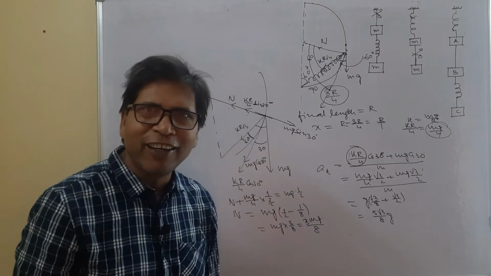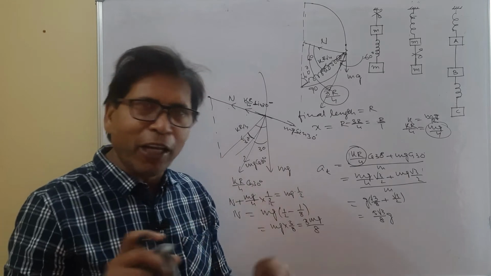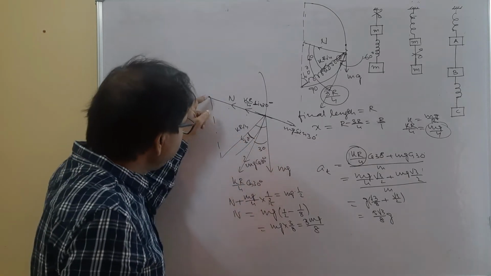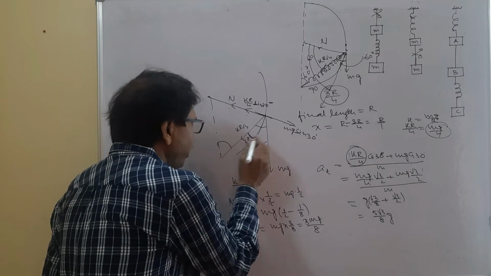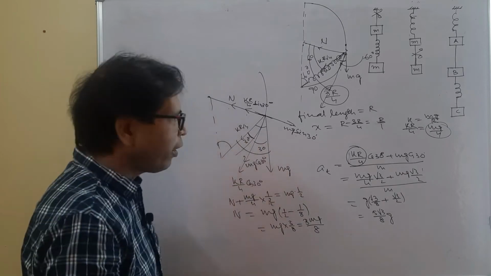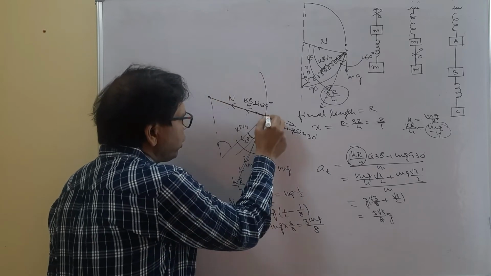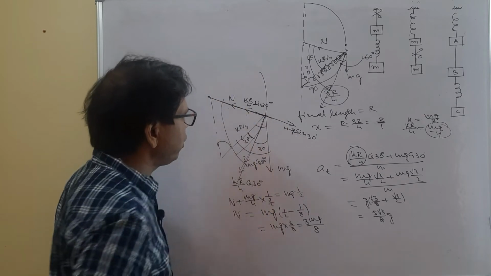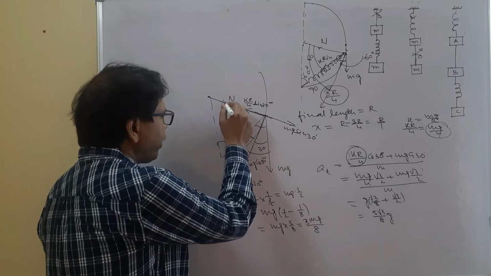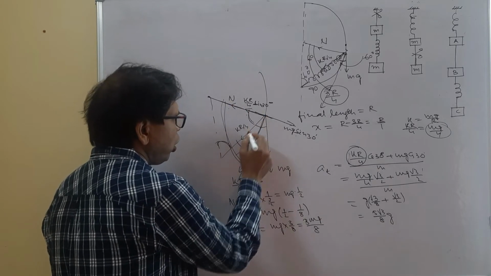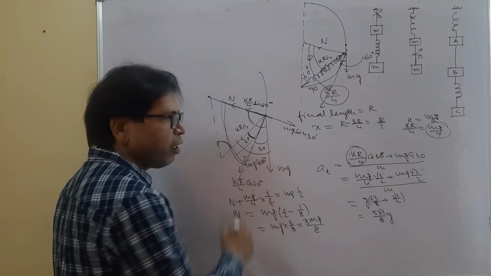Okay, understand? Hello student, this numerical is very easy, considering only these two angles. Look at this, this angle equals this angle. This is the tangent and this is the line joining the center, which makes an angle of 90 degrees. If this angle is 90 degrees, this is 60 and this is 60, so this angle is obviously 30.